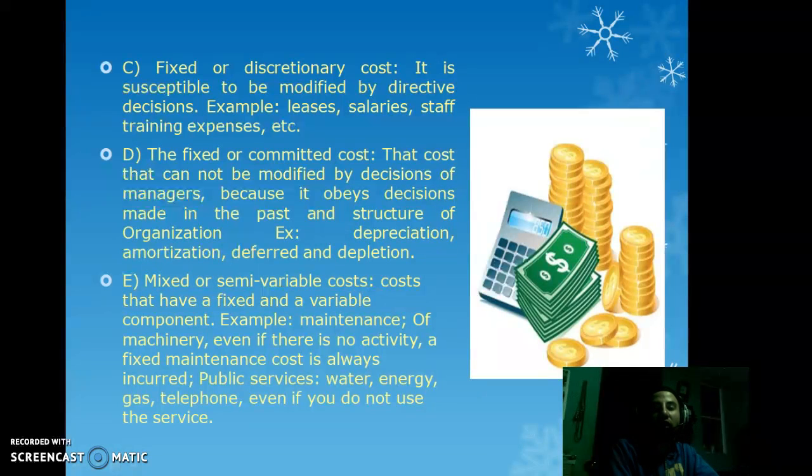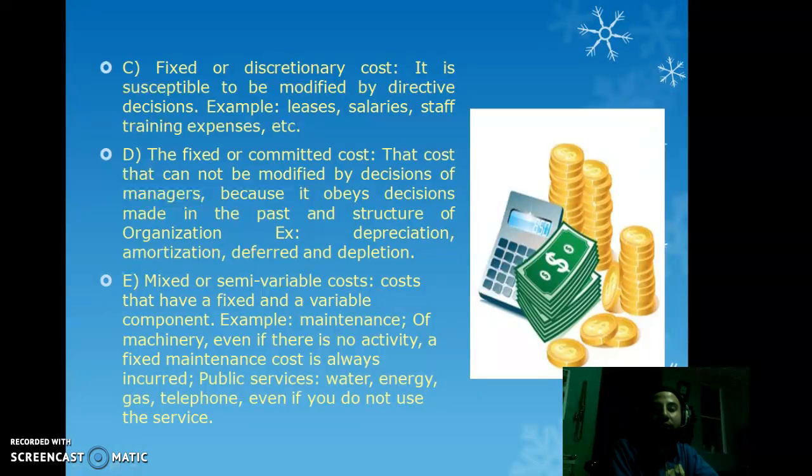The fixed or committed costs. That cost cannot be modified by decision of the manager because it obeys decisions made in the past and the structure of the organization. In this case, the past is so important: the politics in the company, the cost structure made in the past.